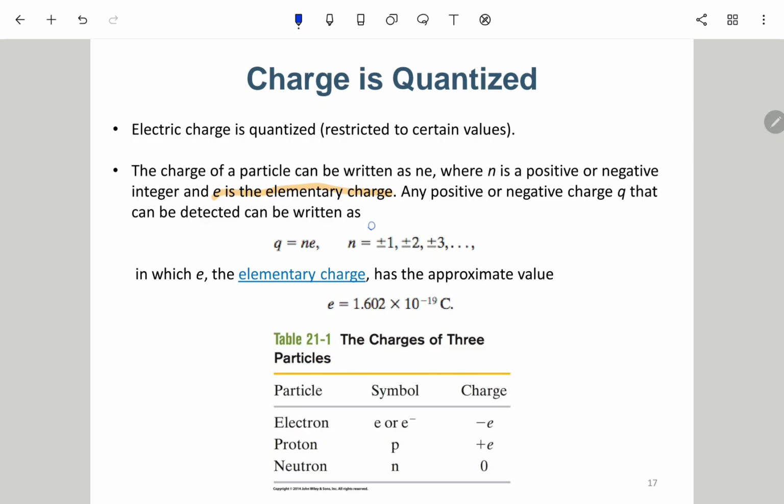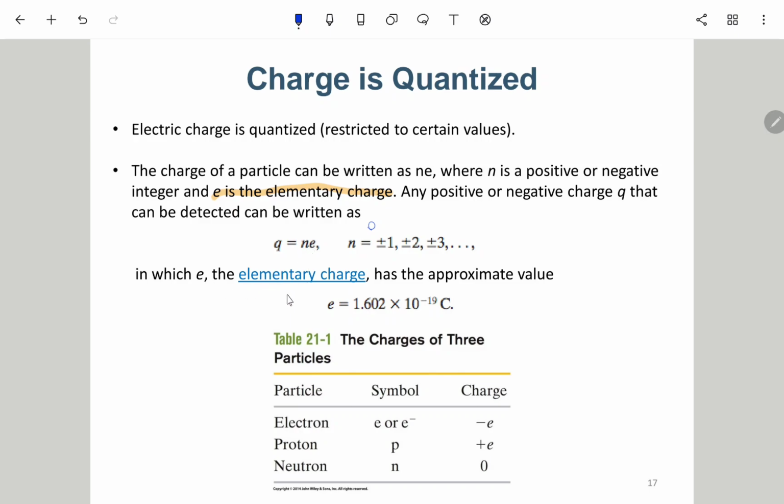Maybe n equals 0 is also okay if it is neutral. Let's say a neutron is electrically neutral, so it doesn't have any charge. So n equals 0 is also okay. And here we introduce a value called e.